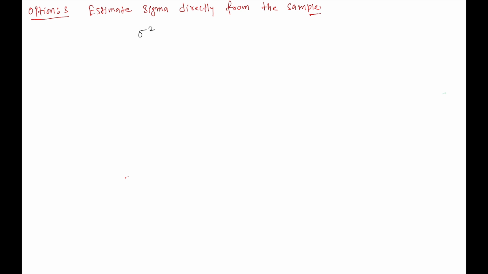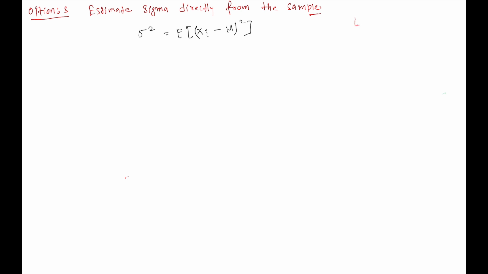So what is this variance? This variance is nothing but the expectation of the square distance from the mean. This is the definition of the variance. Now let's see how we are estimating the true population mean using the sample mean.